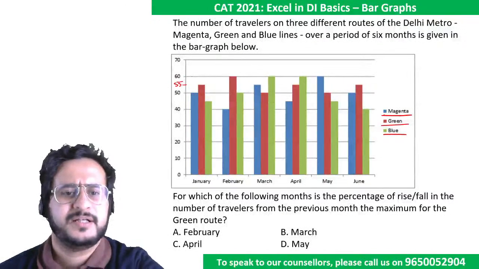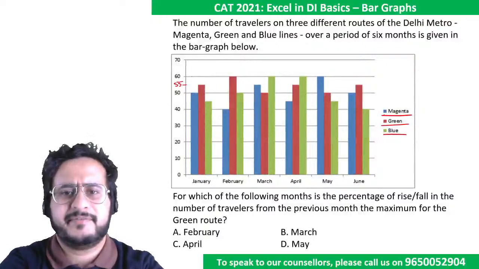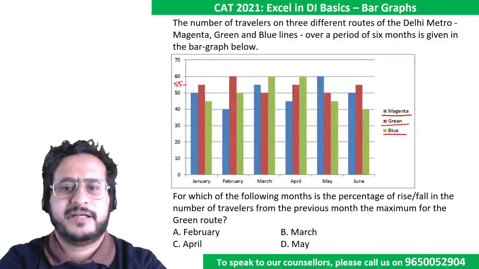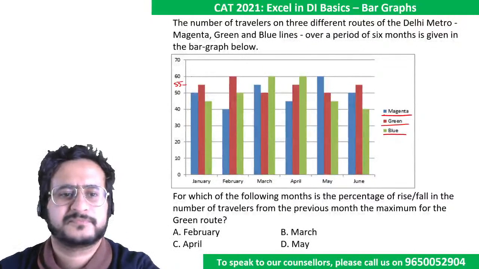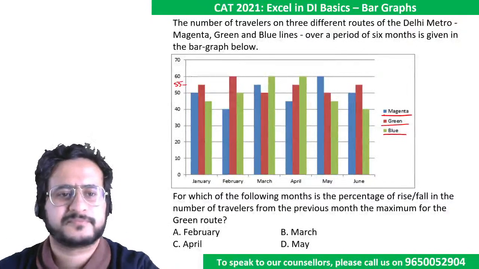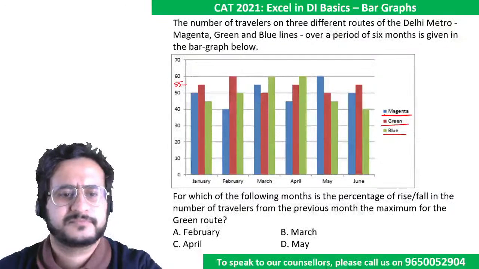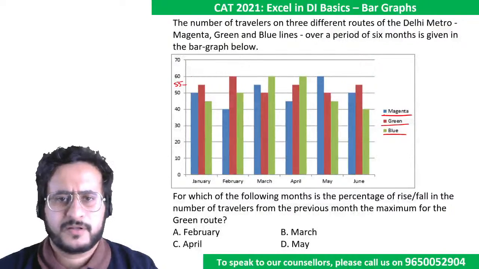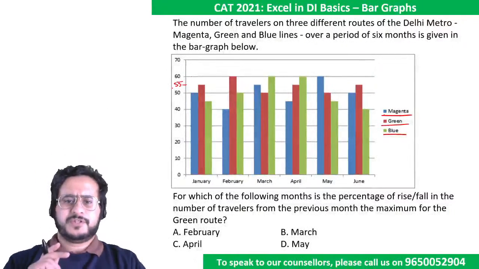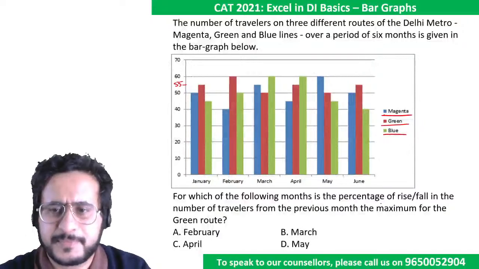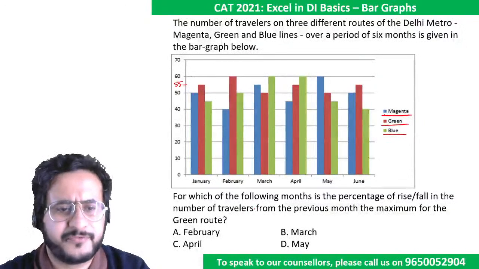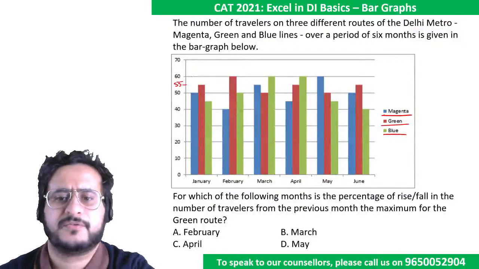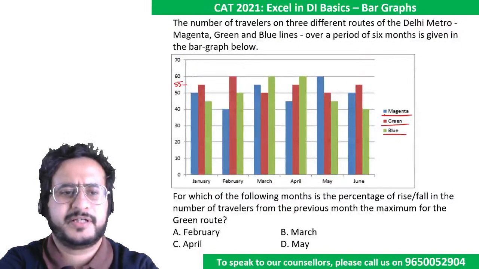If the legends are not given, try to take a central value. So you will take this 55.